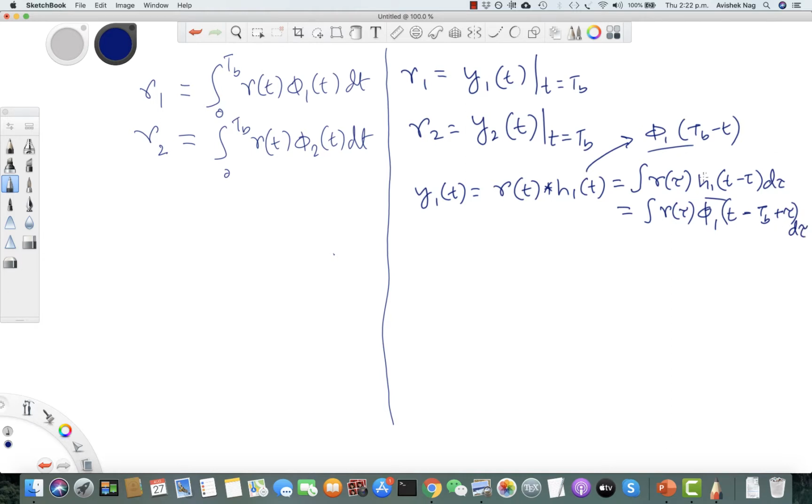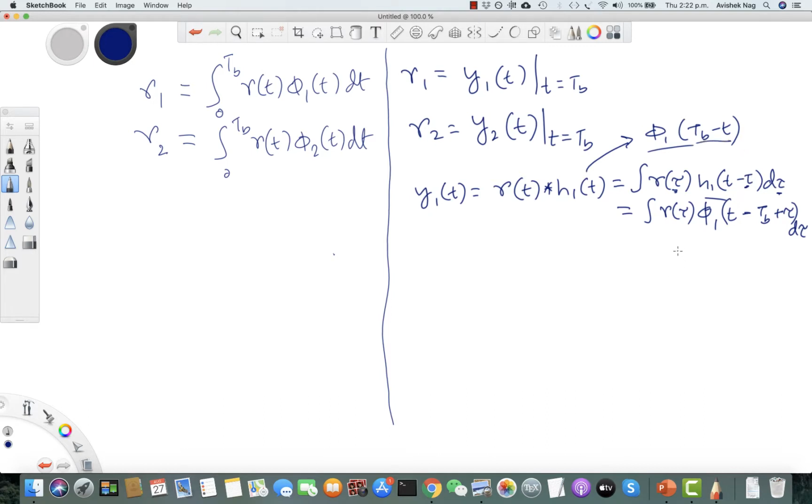So that's what my convolution expression is. Basically, in this integral, this tau is actually my variable. So I'm operating on tau, so I will replace tau with this thing.